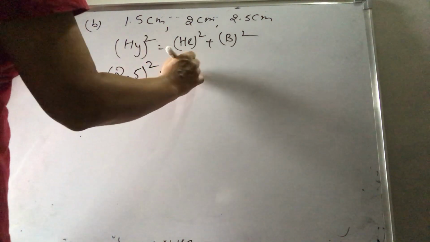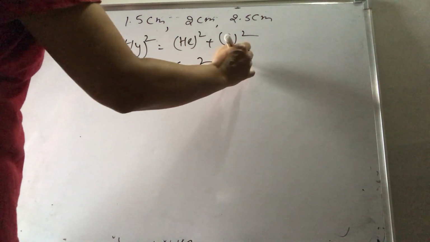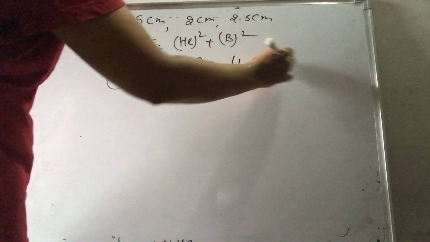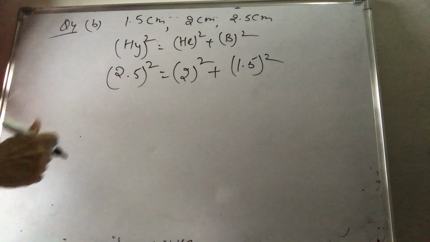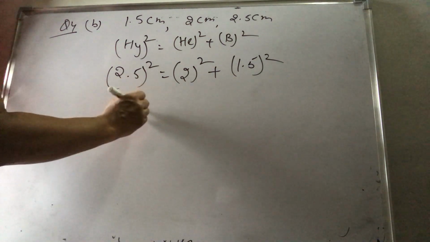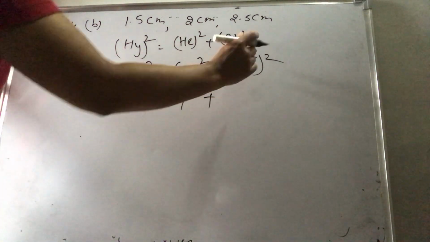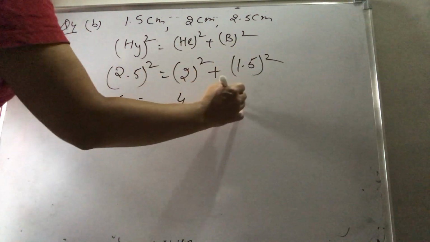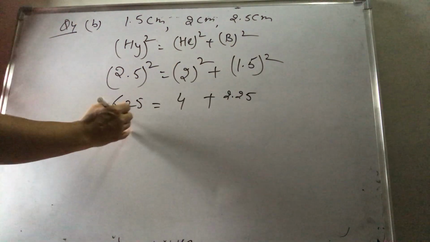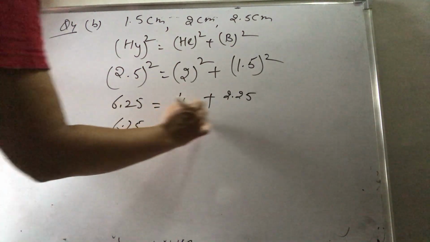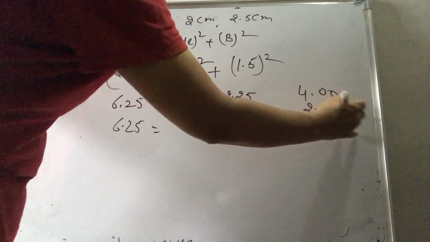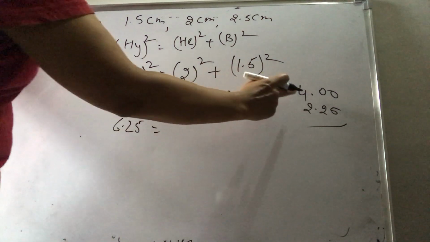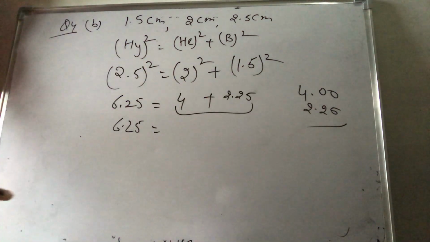2.5 square will be equal to 2 square plus 1.5 square. 2.5 square, the multiplication of 2.5 by 2.5, we will get as 6.25. 2 square is 4, 1.5 square means 2.25. Now addition of these two will be done like that. 4 is a whole number, so it will be written on the left of decimal.